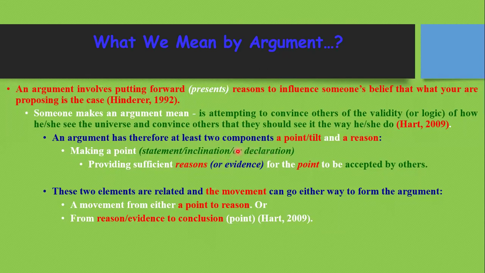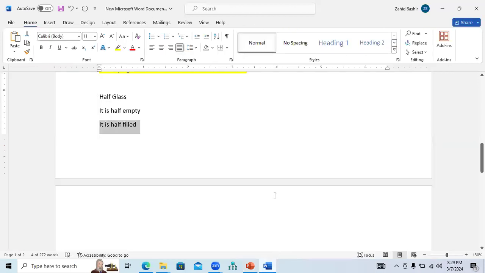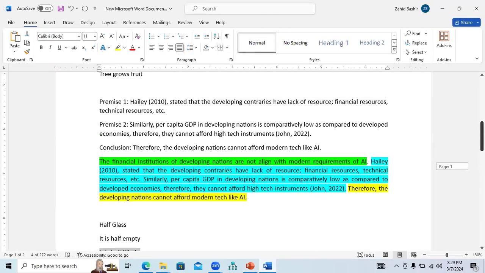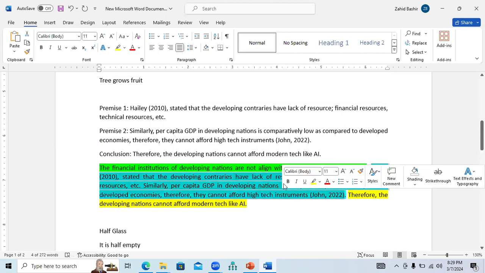It means the first statement or your claim, and providing sufficient reasons or evidence for the point to be accepted by others. So what you have learned from the argumentation is that you have a claim and you should have sufficient evidence that can validate that claim.